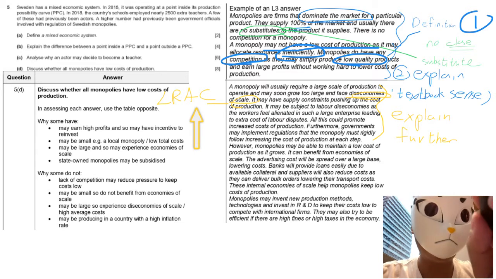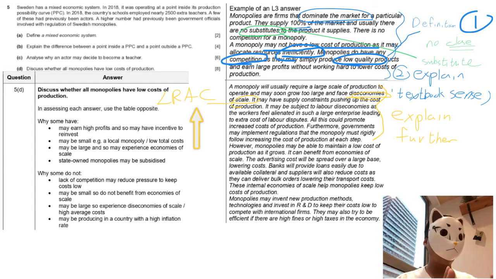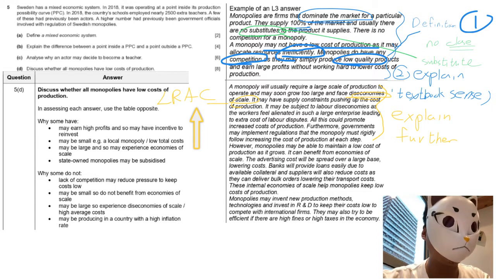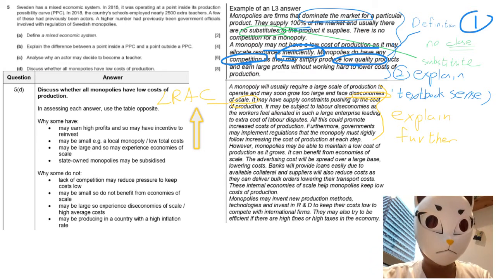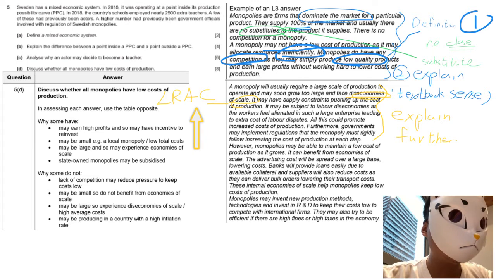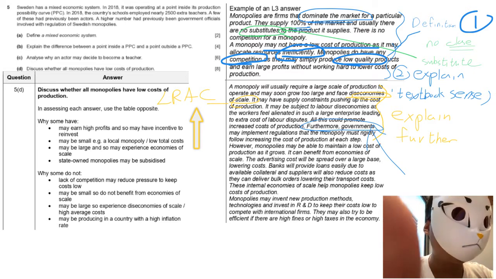For diseconomies of scale, that means when the company grows, they cannot make use of the resources efficiently. So this leads to the rise of the average cost in the long run. Other than that, we can give other scenarios.